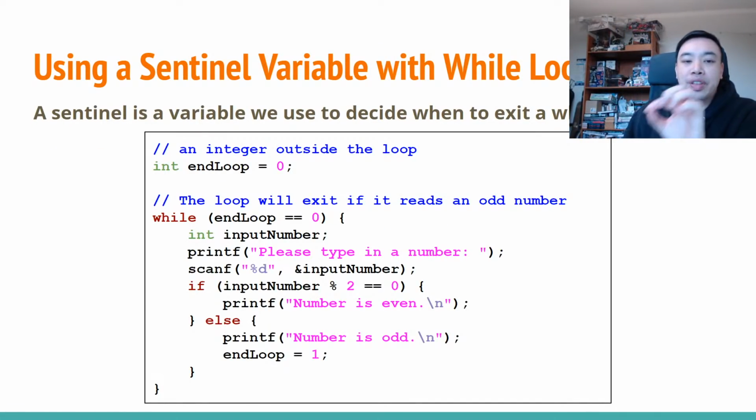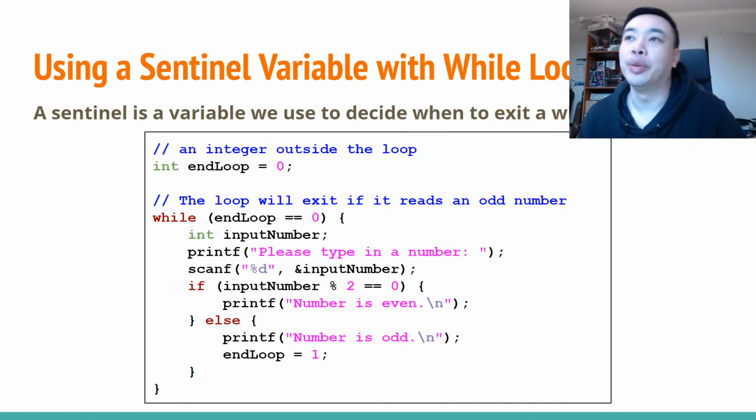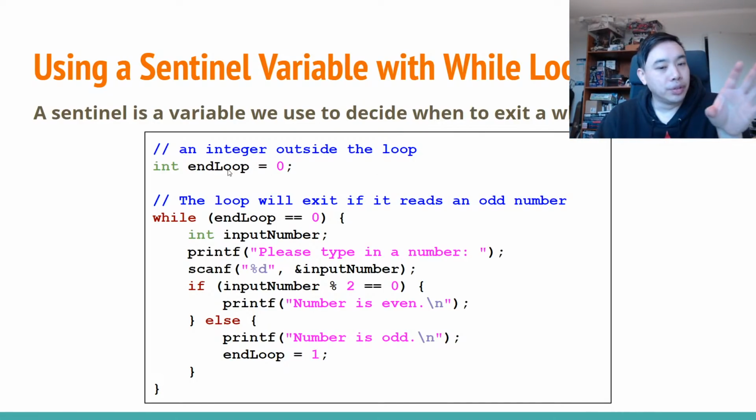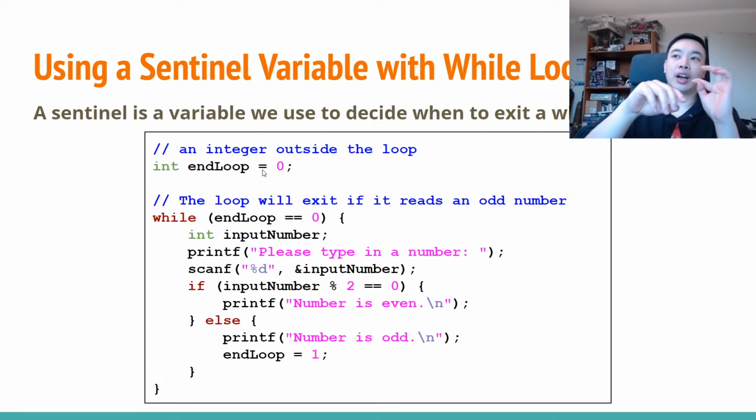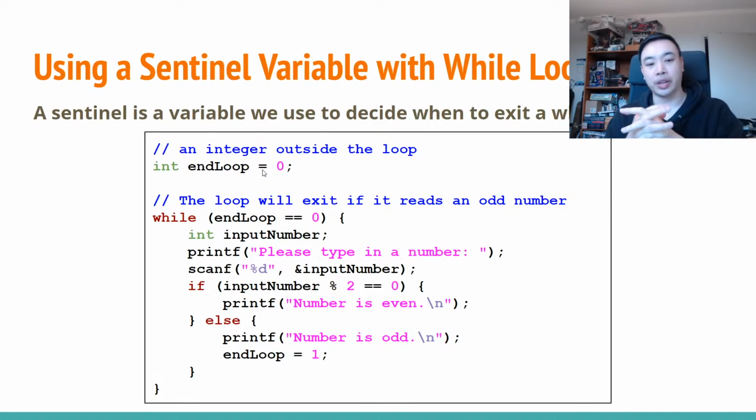One of the other things that we might use is this thing called a sentinel variable. I will often use something like this integer here saying end loop. This is nearly like I'm using a number as if it's a true-false value. It's not always a true-false value; sometimes it's an accumulation of things.